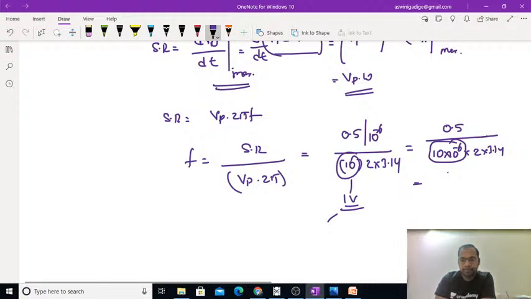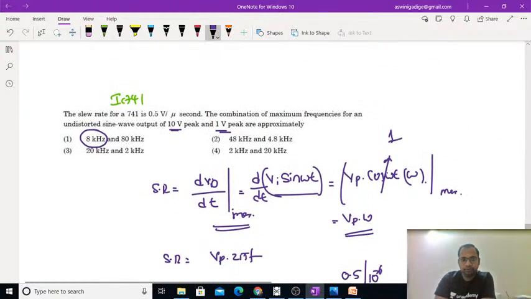If you take 1 volt, you will get 80 kilohertz. That means the first option is the correct one. Is it clear to everybody? Fine. Shall we go to the next question?